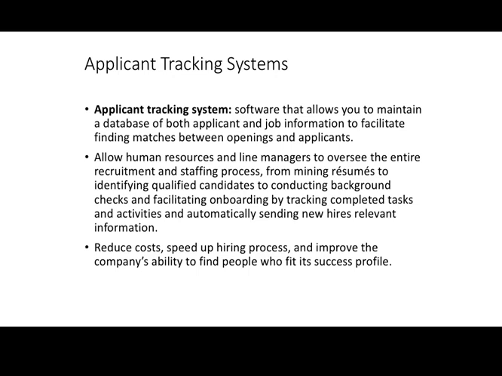And we want to make sure that we can maximize or facilitate the match between the job opening and potential candidates for the job. The HR and line managers oversee the entire recruiting process, from resume review all the way to the new hire data that goes into our HRIS system for our existing employee database.